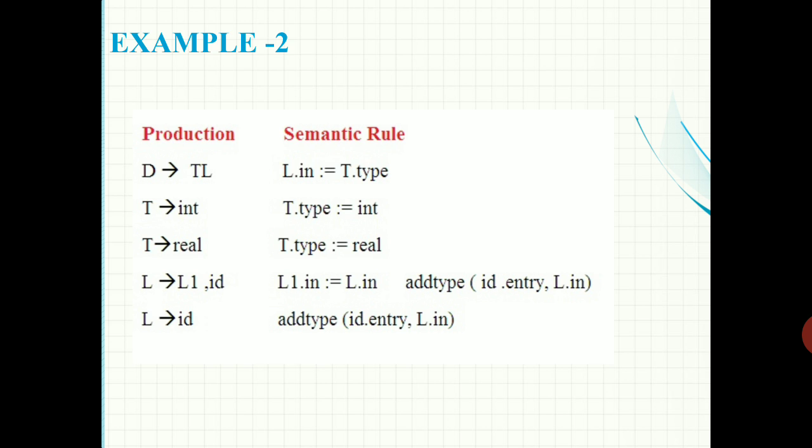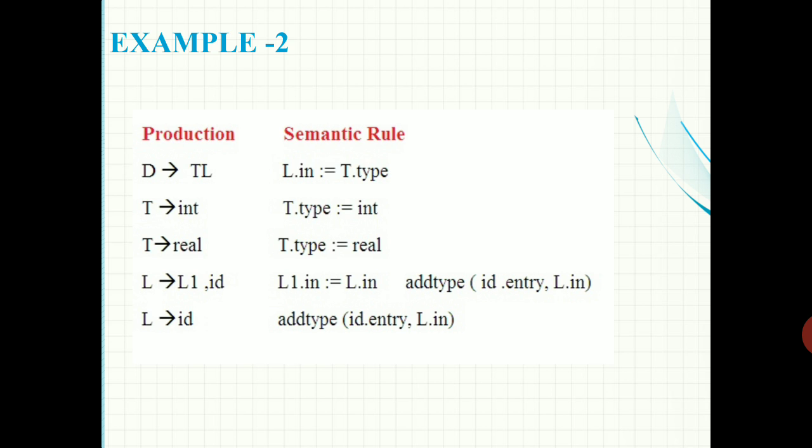You can see in the production D produces TL, the T is the left sibling of L. So the value of L is evaluated from the left child, L.in = T.type. So in is an inherited attribute because its value is evaluated from its left sibling.